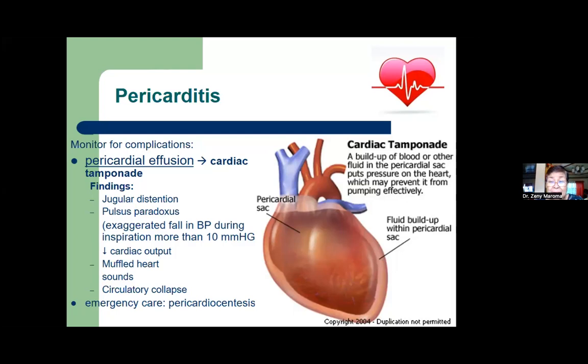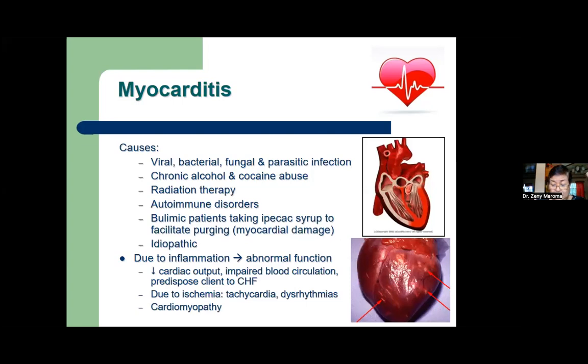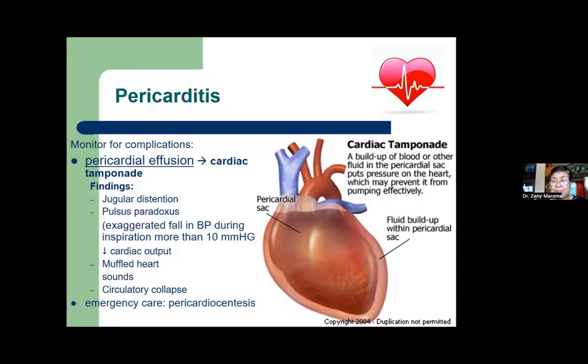Again, what are the Beck's triads? One, there is jugular distension or neck vein distension. Ebidensya, high CVP. Pangalawa, there's hypotension with pulsus paradoxus. Okay? Na mababa nga yung blood pressure.